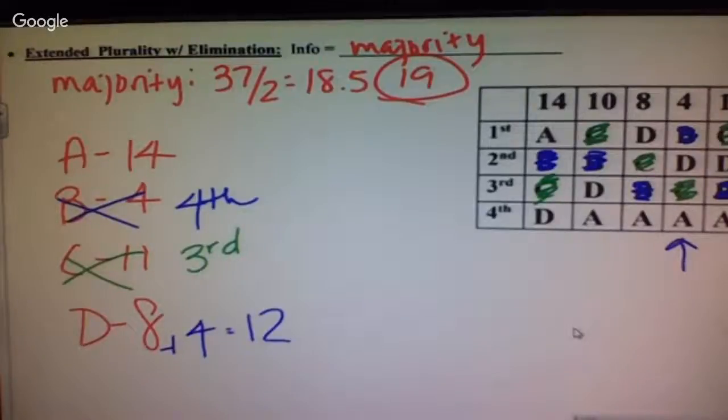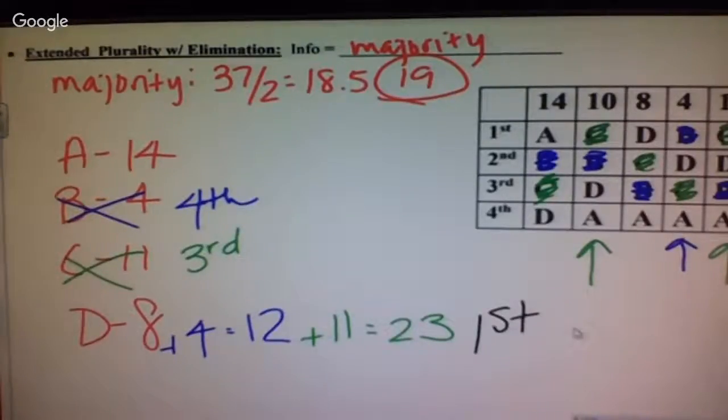Well, C got its 11 points from this column and this column. So 10 of those points go to D, and the other point is also going to D. So they're actually going to get all 11, which gives them a total of 23. So D is now my winner, so they're in 1st, which puts A in 2nd.